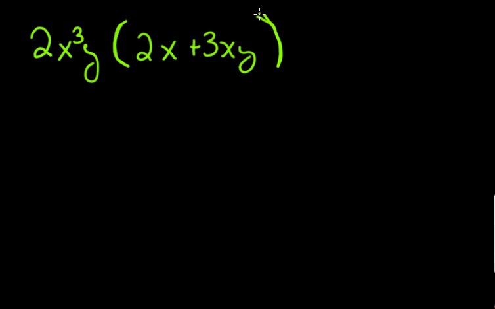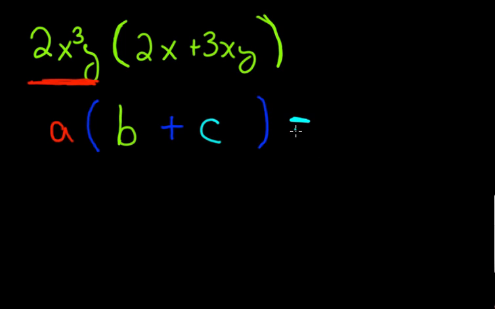Our monomial has one term, one part. So I'm just going to say, hey, in my mind, that's a. And my polynomial has two parts, separated by the plus sign. So I'm going to look at the first part as being b, and the second part as being c.